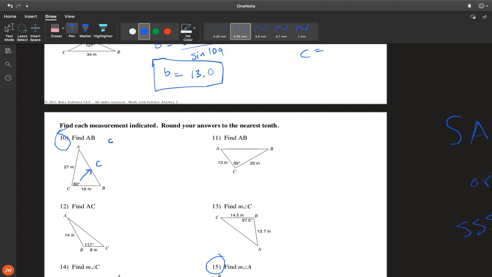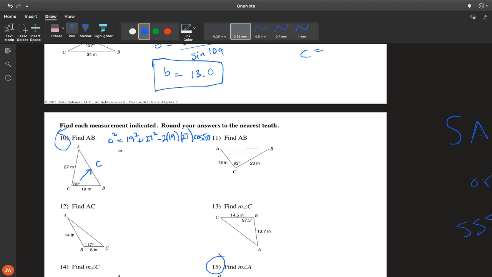So c squared is equal to a squared plus b squared, so 19 squared plus b squared, which is 27 squared, minus 2ab cosine of angle C. So cosine 80.